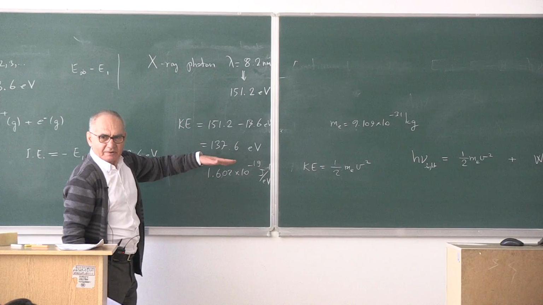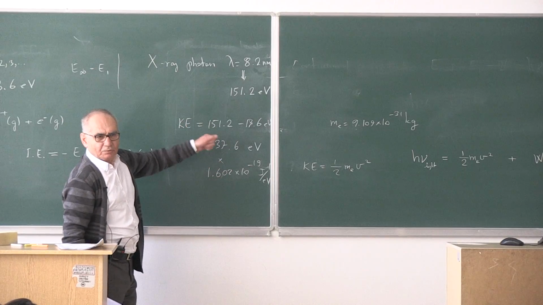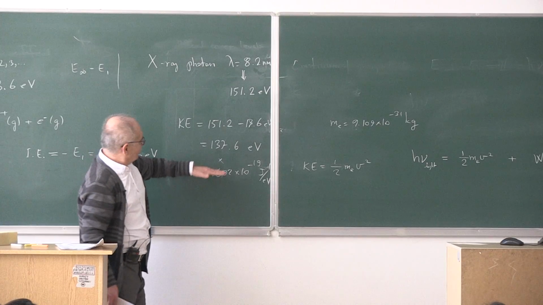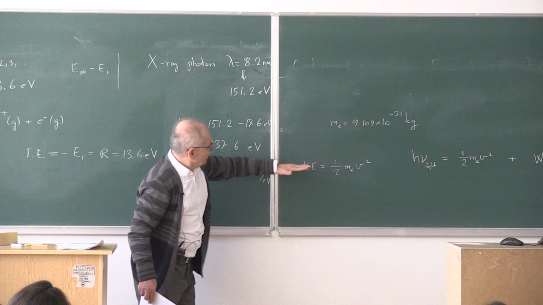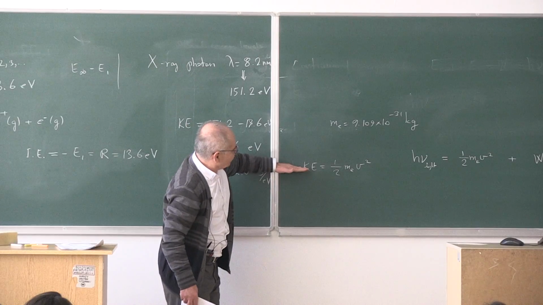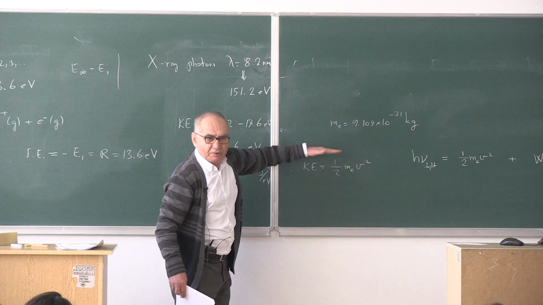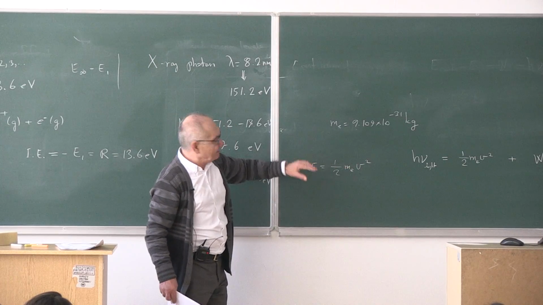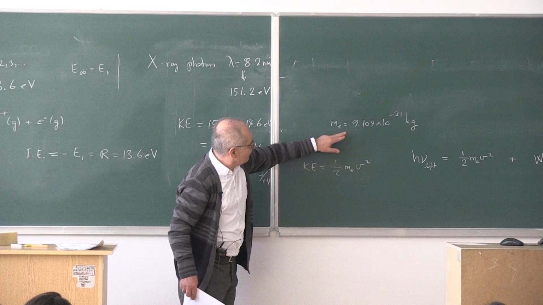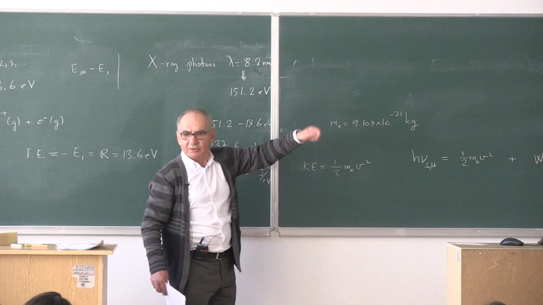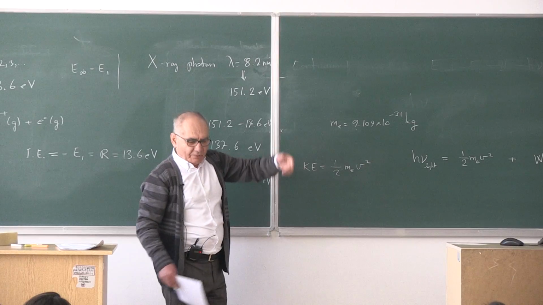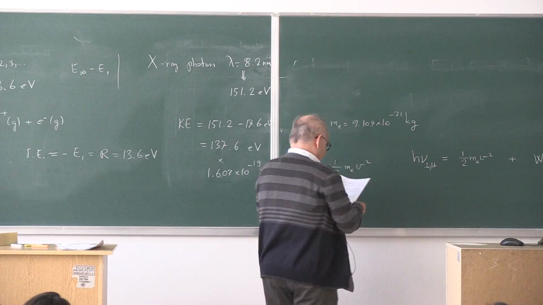That's the conversion factor from electron volt to joule. So after multiplication, put it here. Now, the left side and the right side have the same set of units, consistent units. Then you may directly use this value and obtain v square, then take the square root and obtain v itself.